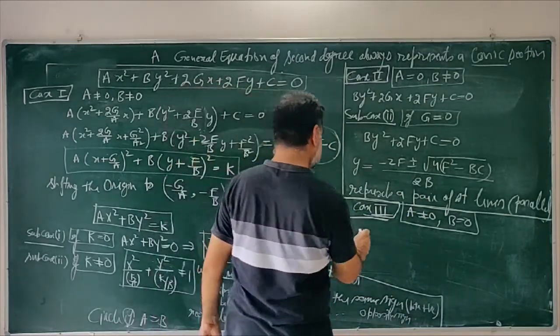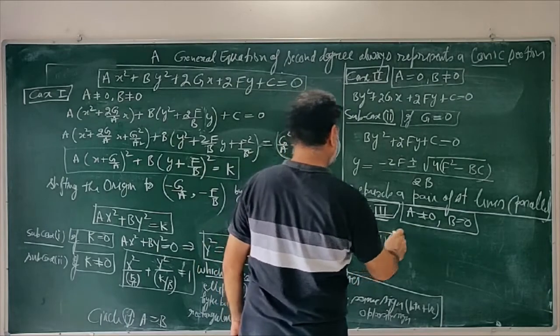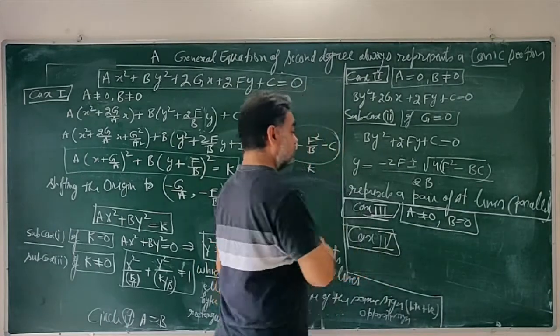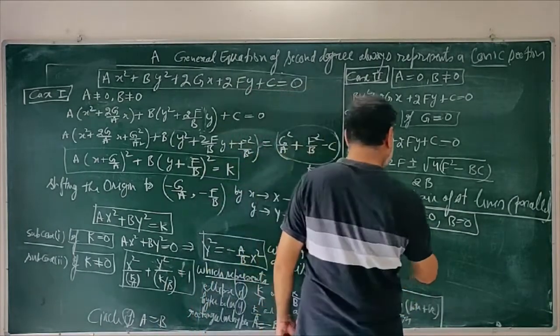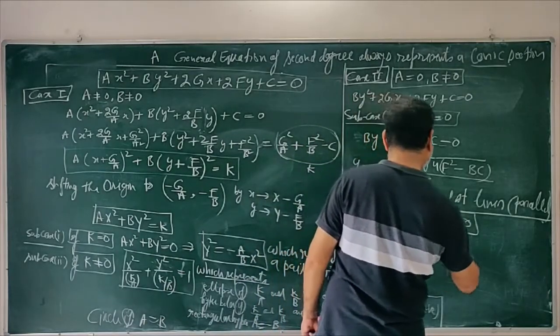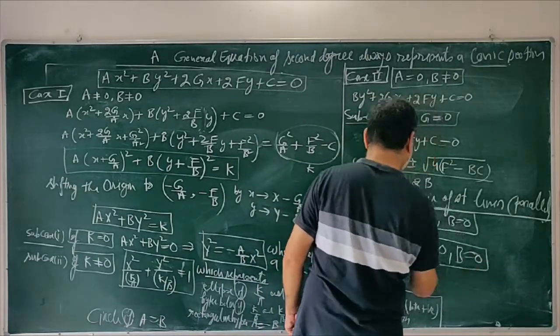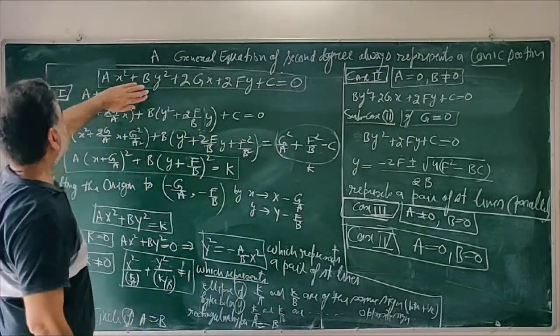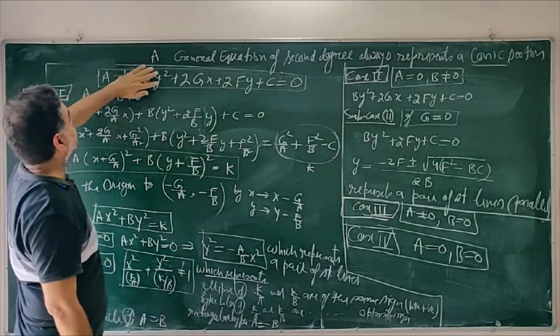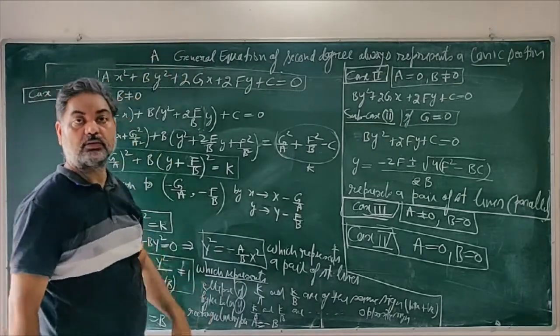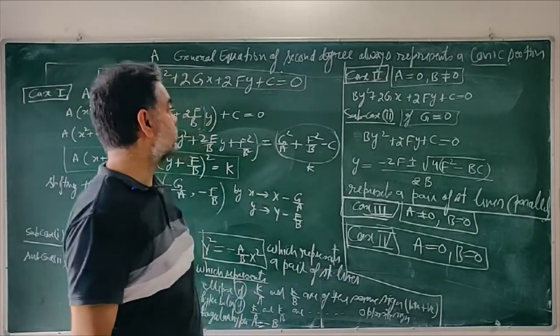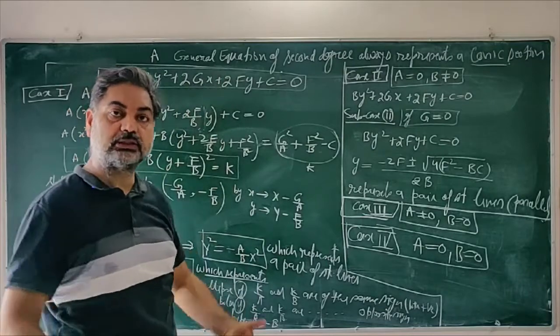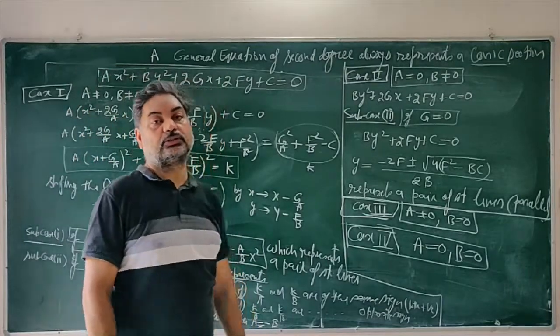And case 4 is A is 0 and B is also 0. This is not possible. If A and B are both 0, then you do not have a second degree equation. We are discussing second degree equations.